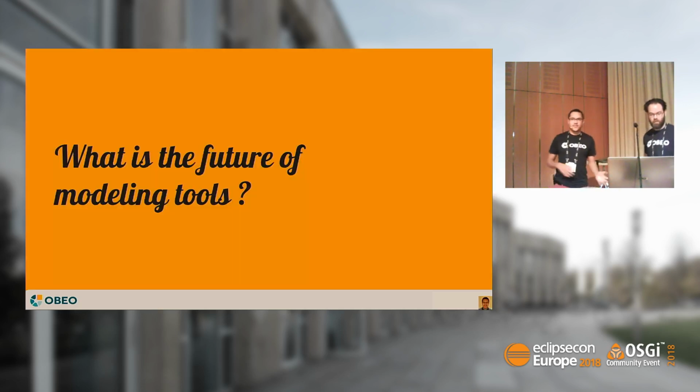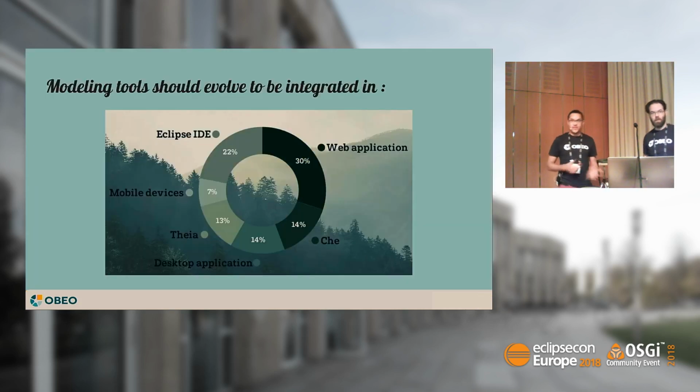So as we've said before, we are also working on the future of modeling tools. And for that, we've been running a live survey at EclipseCon France in June, to gather some feedback from the community about what you wanted for the future of Sirius, for example. So you can see here some results showing that the community would like to see Sirius being integrated in web applications, but also in Theia and Che, for example.